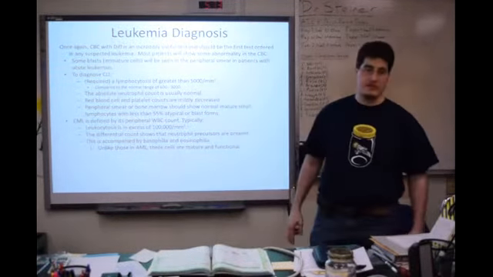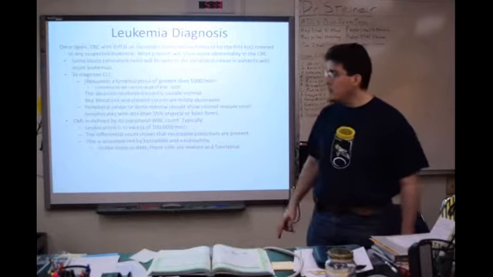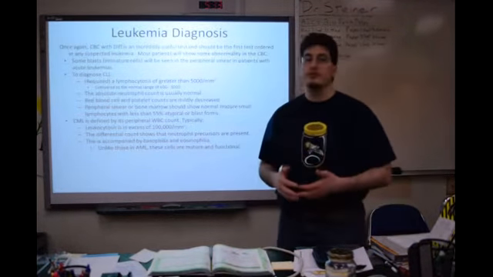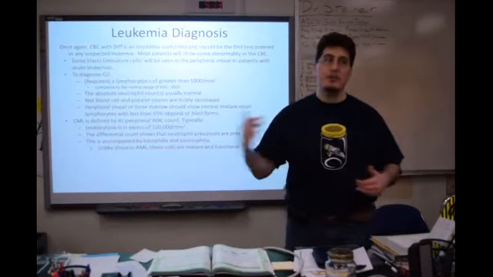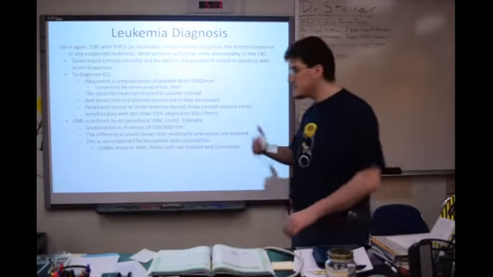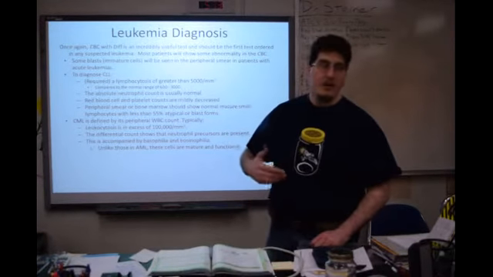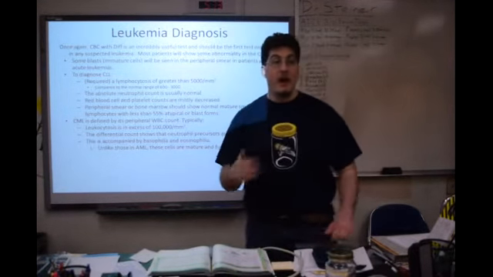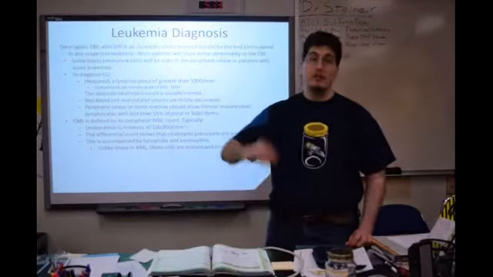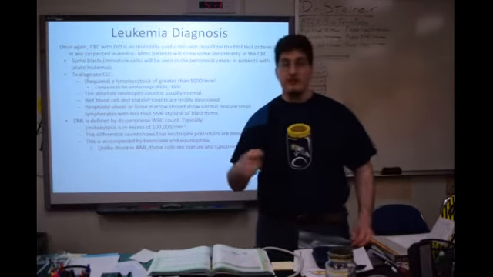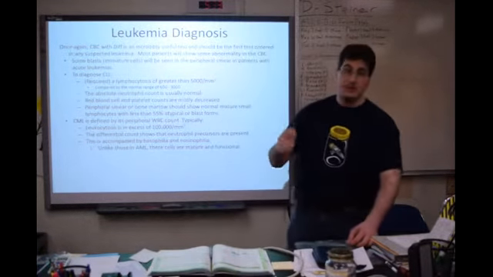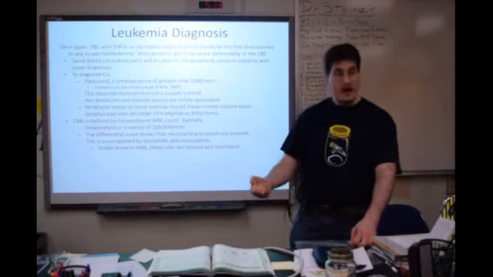Neutrophil precursors will be present in the blood. And when we say precursors, we're not talking about band cells that we discussed when we were talking about infections. Band cells are young neutrophils, but they are still ready-to-go neutrophils. They are still capable of performing the functions that neutrophils perform. They're just young.